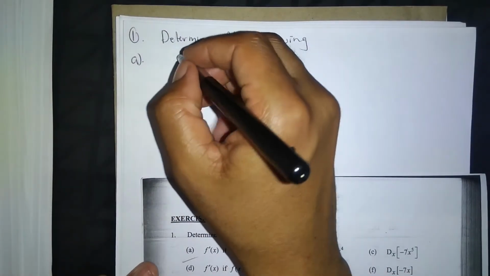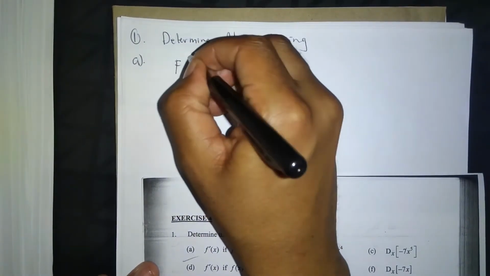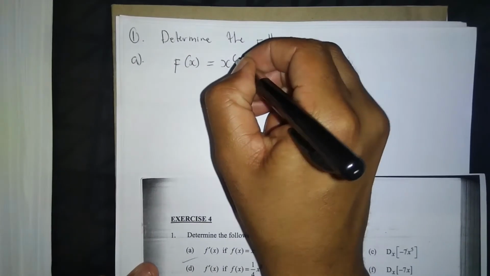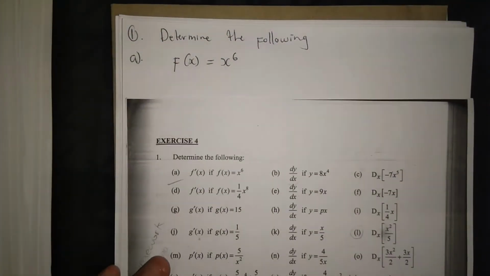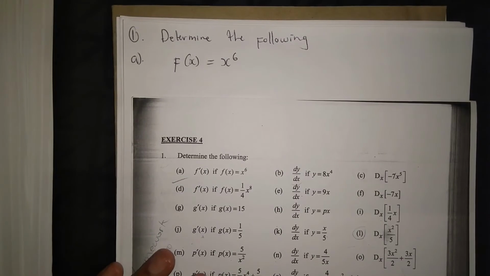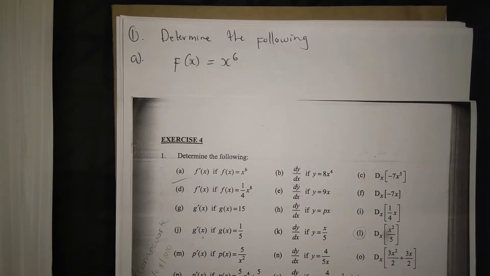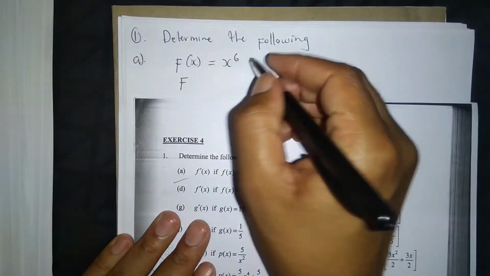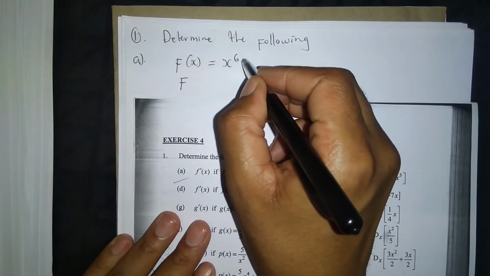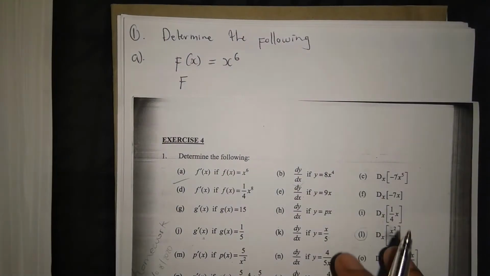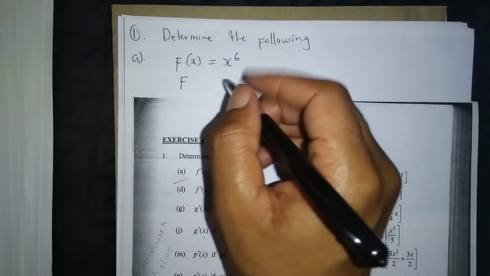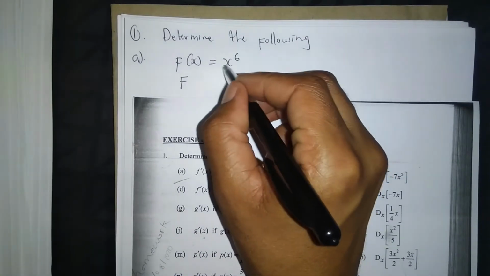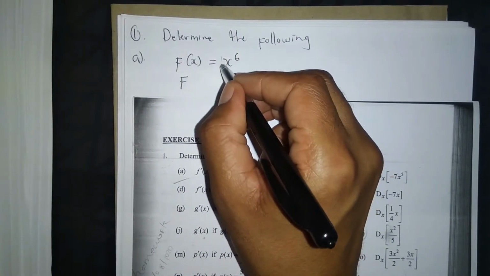So therefore la ku a bangiphe f of x equal to x exponent 6. We want to find its derivative, right? So therefore its derivative, this is rule number 1, by the way. The coefficient for this power le ubani ngu-1.